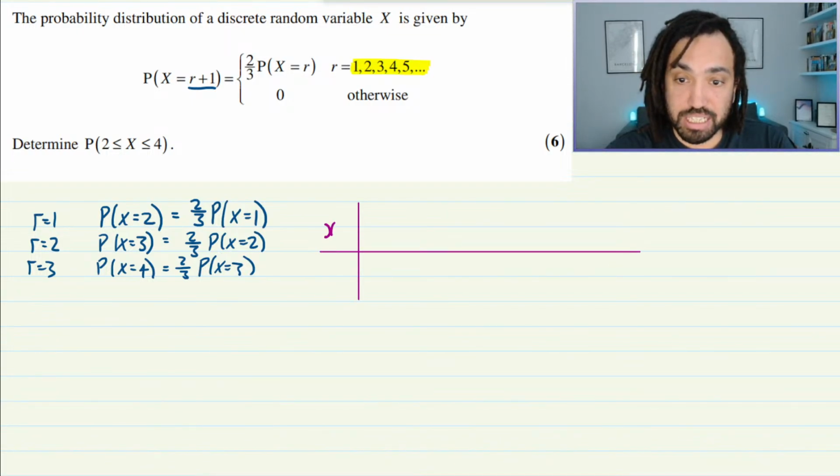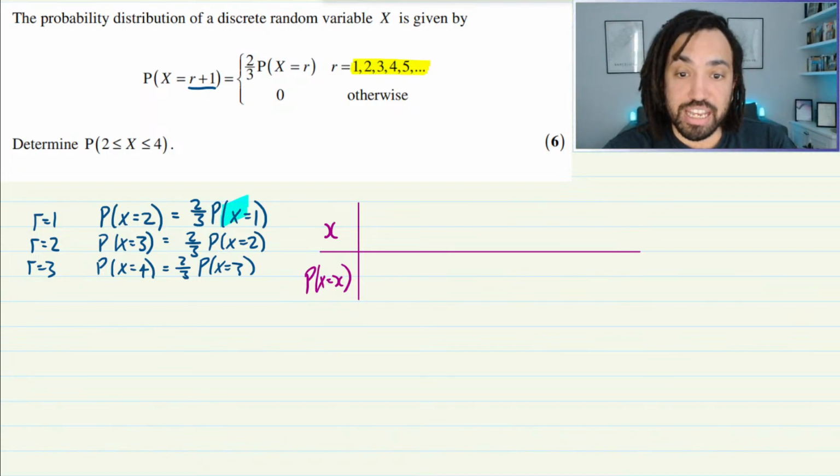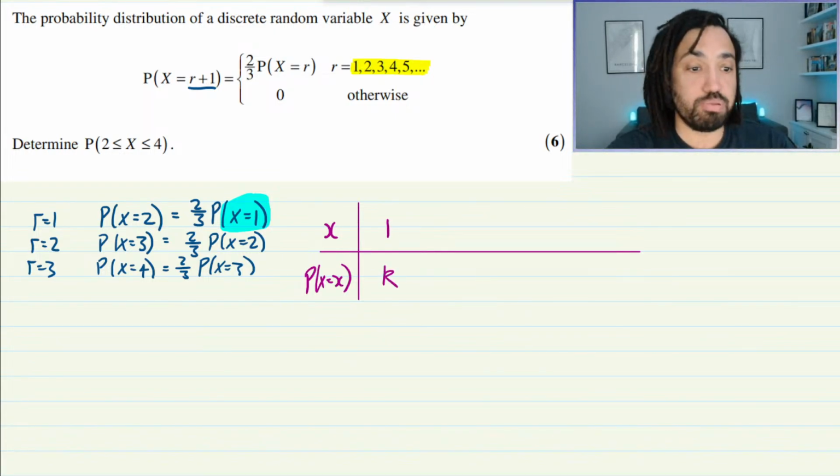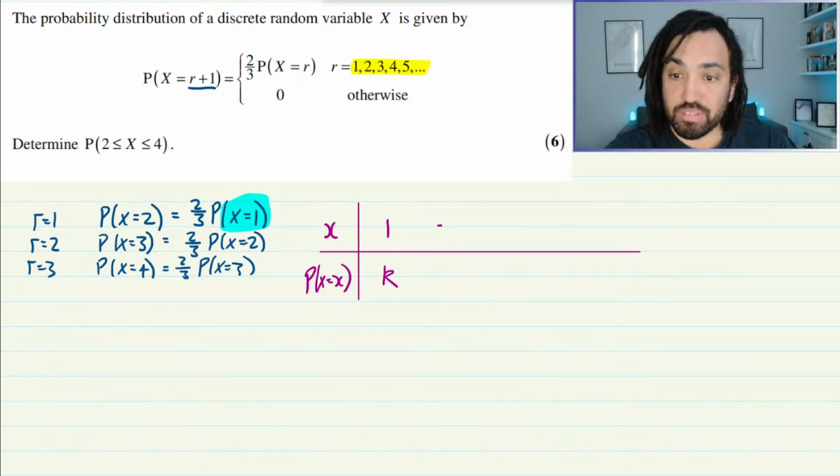Okay, so let's imagine when we have X here, and what is the probability? Let's just say for argument's sake, that the probability that X equals 1 is K. Then what's the probability that X equals 2? What am I going to put in the next column?